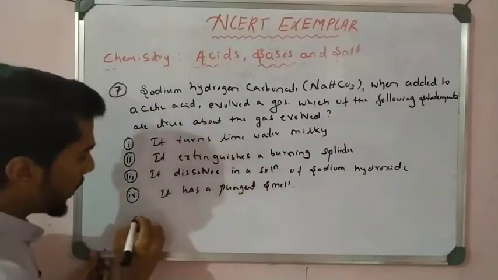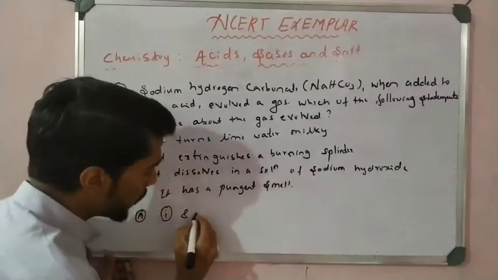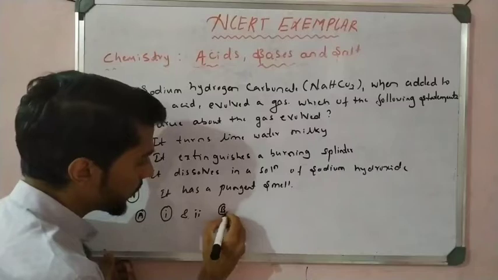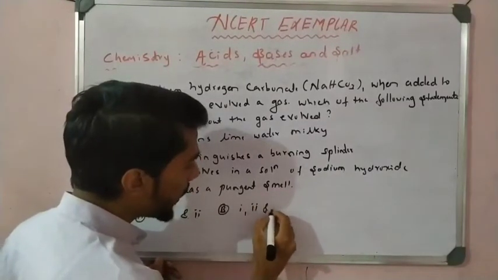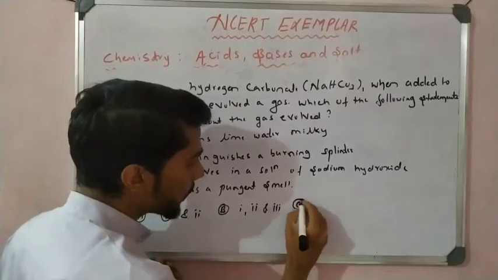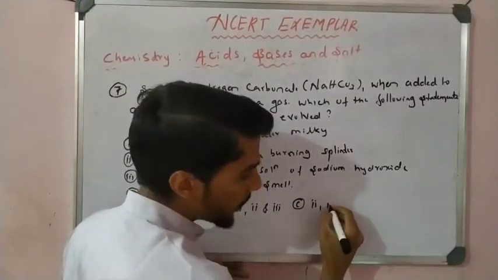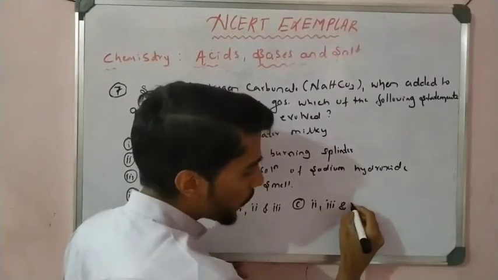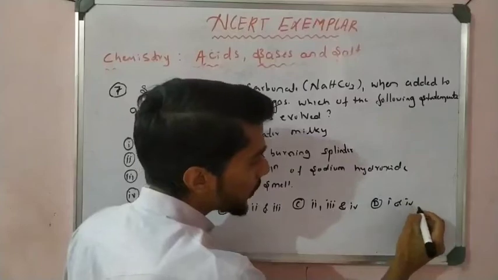Option A is statements 1 and 2 are correct, B is statements 1, 2 and 3, C is statements 2, 3 and 4, and D is statements 1 and 4. Simple, students.